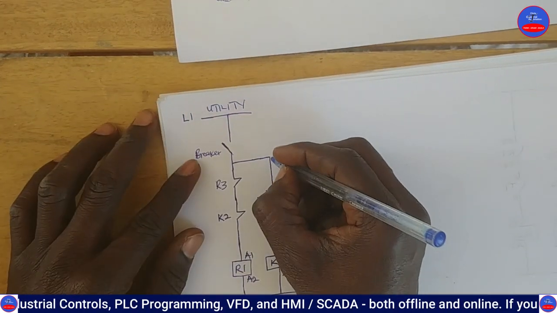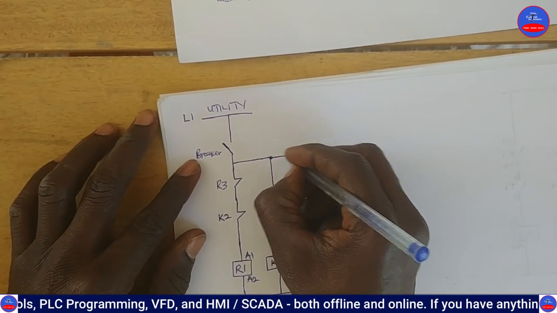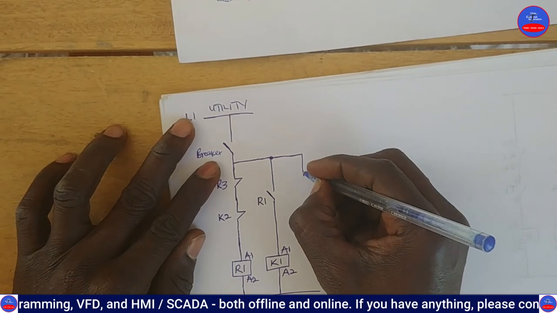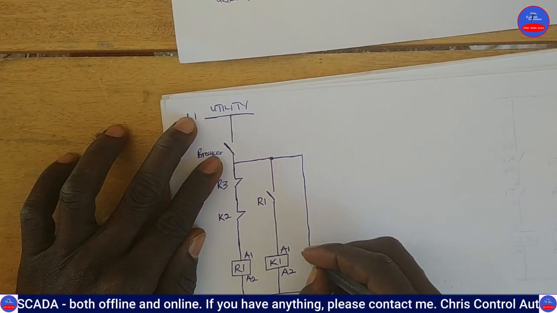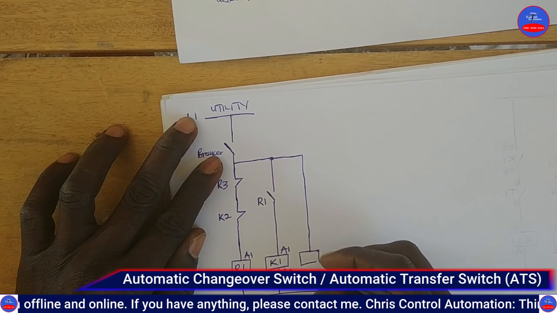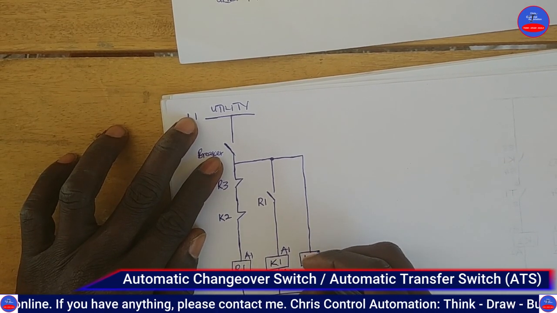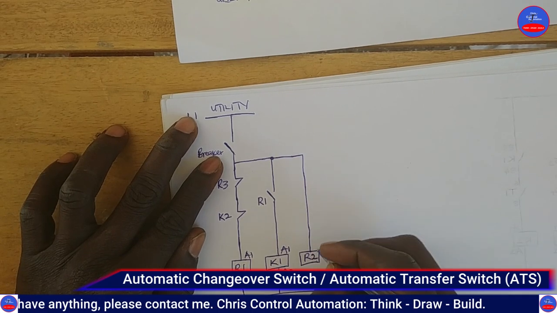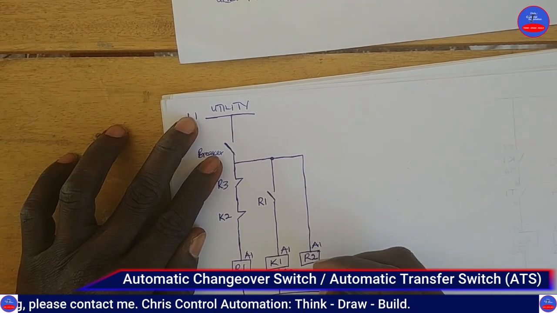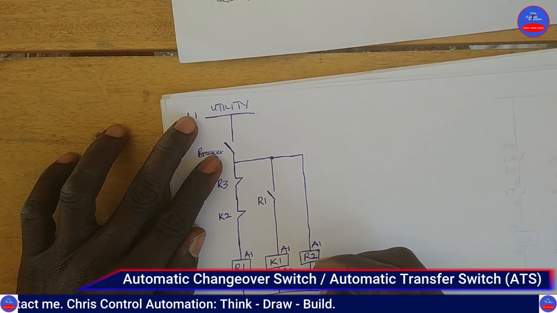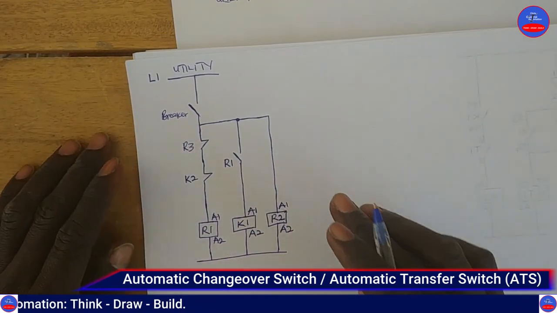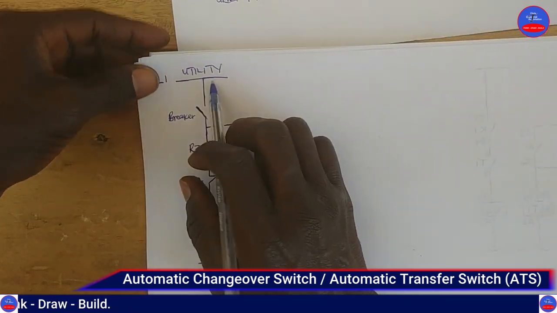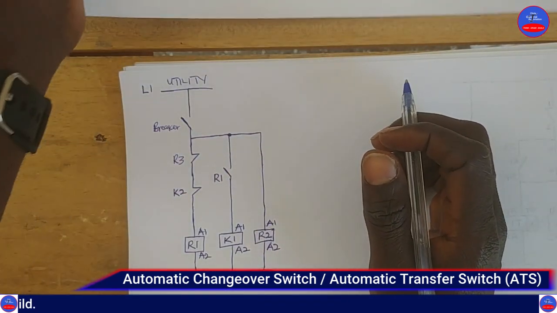Then we tap from the same place to R2. This is R2, A1, and then A2. So we are done with the utility side. It is left with the genset side.